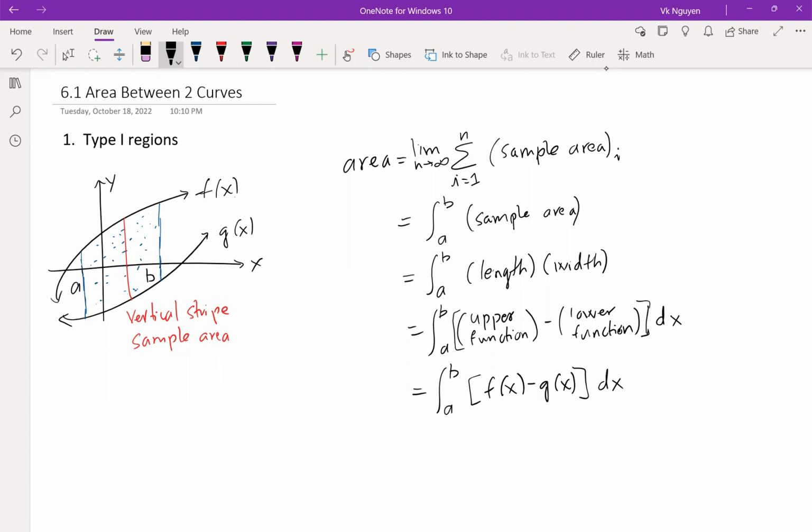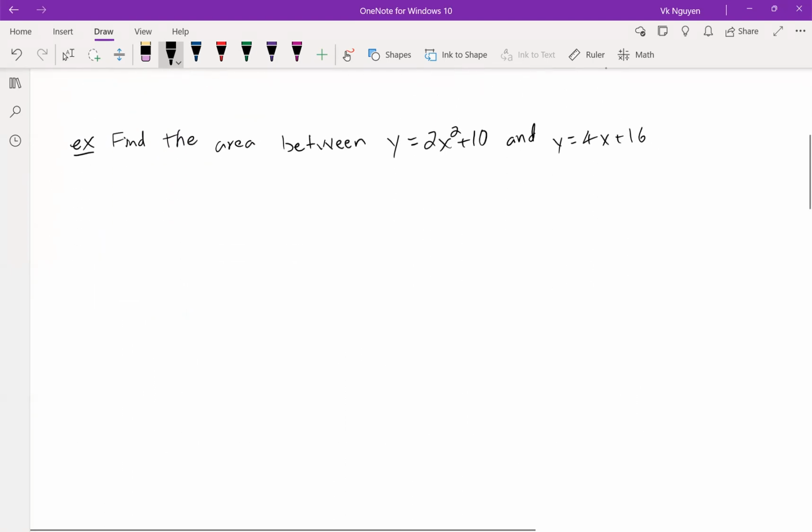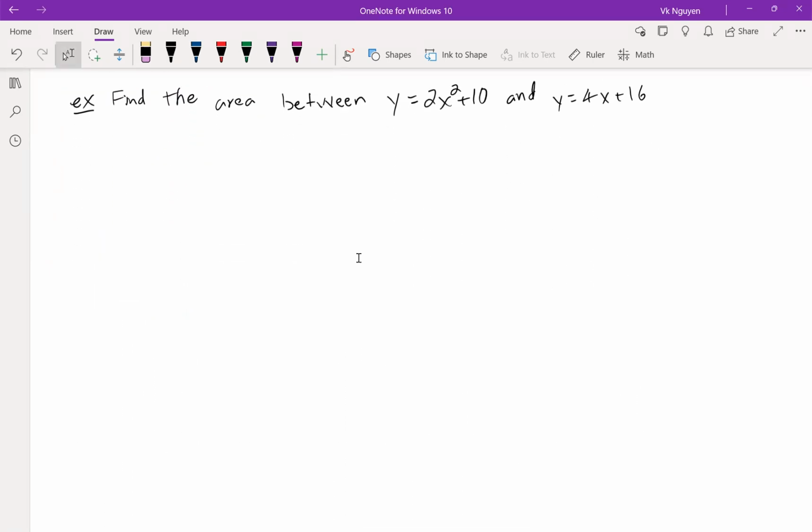Okay, let's take a look at some examples. Example: find the area between y equals 2x squared plus 10 and y equals 4x plus 16. First thing to do is sketch out x, y. We can sketch the parabola like this.